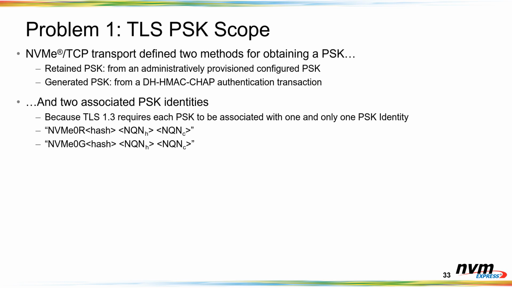This is the hash function associated with this PSK. And then I basically use the concatenation of the two identities, the identity of the host and the identity of the controller, the two NQNs. This is basically the retained PSK. And the following one is the generated PSK. The difference is really the R versus the G. Otherwise, the format is the same. R for retained and G for generated. Great.